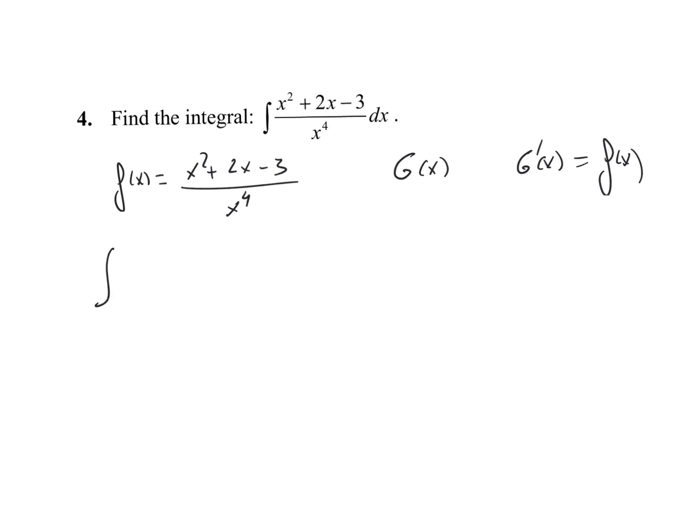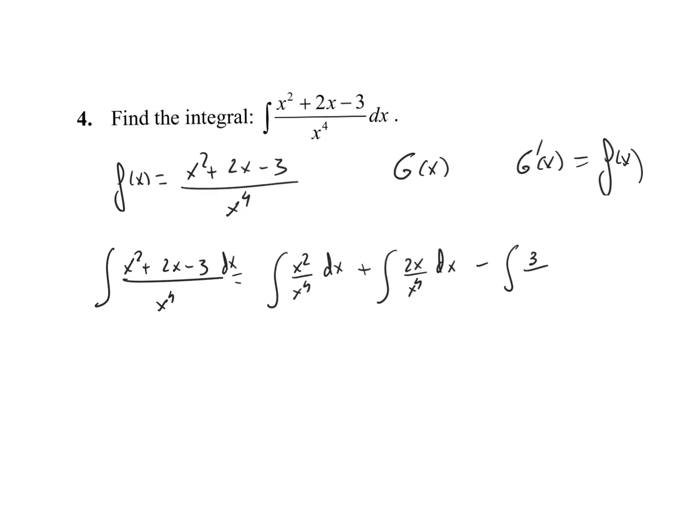The antiderivative of x squared plus 2x minus 3 divided by x raised to the 4 is the antiderivative of x squared divided by x to the 4 dx, plus the antiderivative of 2x divided by x to the 4 dx, minus the antiderivative of the function 3 divided by x raised to the 4 dx.